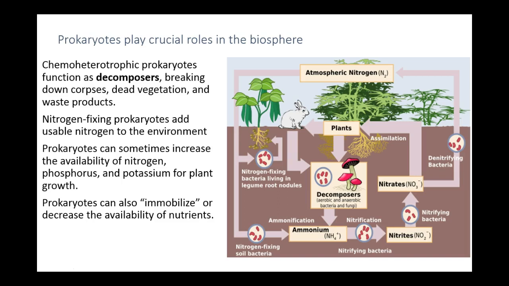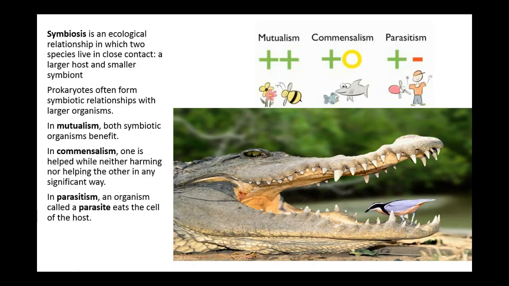That nitrogen is then very useful for other plants to grow. They increase nitrogen, phosphorus, and potassium availability for plants. They also can decrease the availability of certain nutrients, immobilize or decrease. And so most of the time in a beneficial way, sometimes in a not so beneficial way.